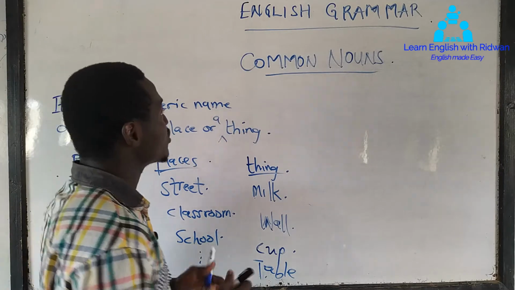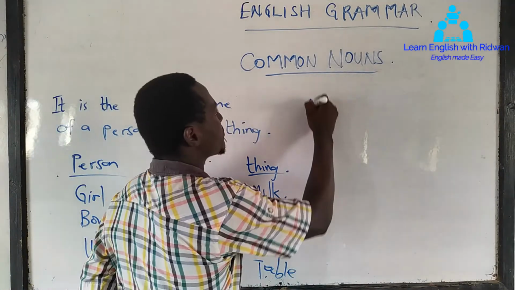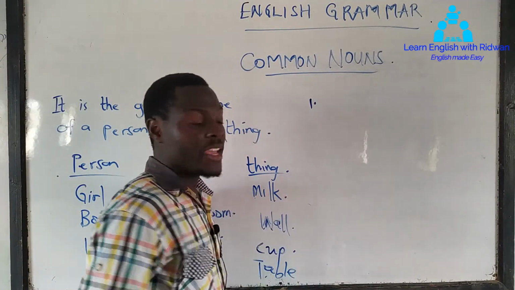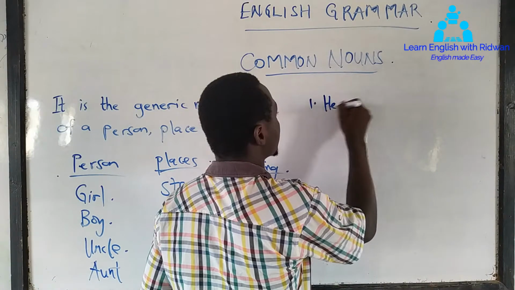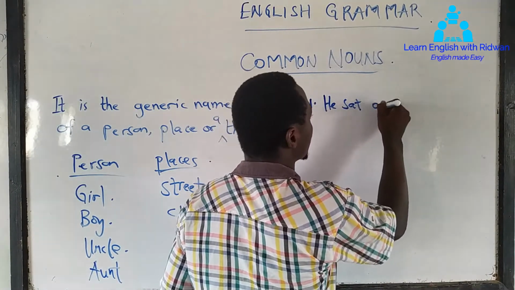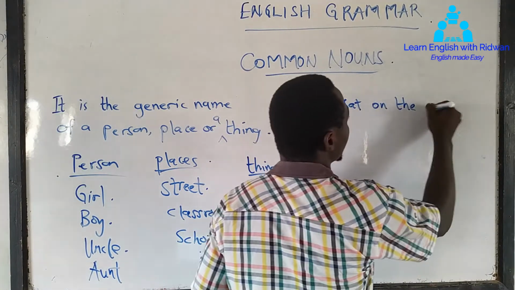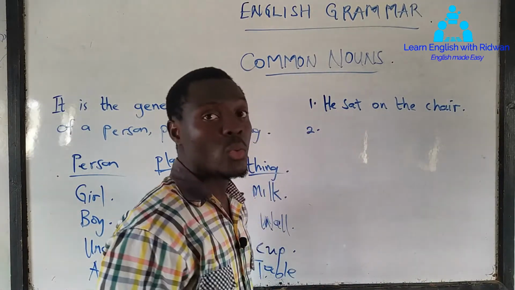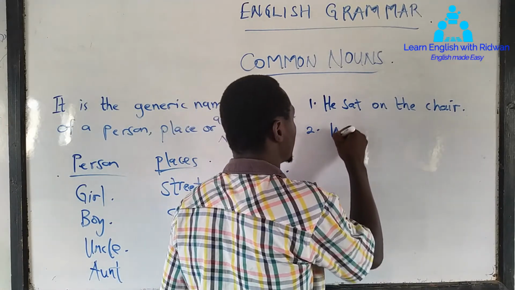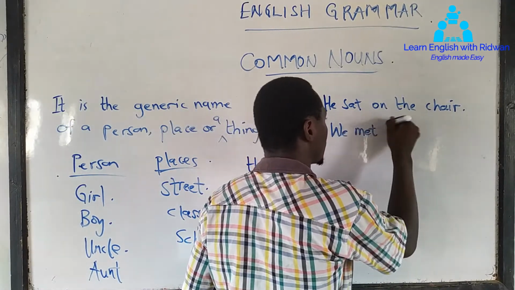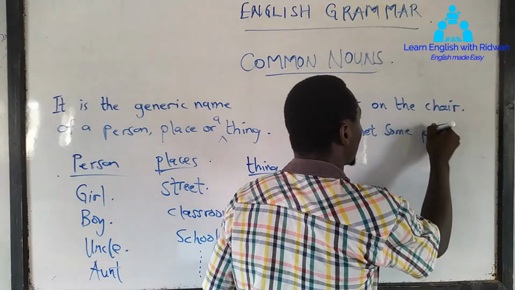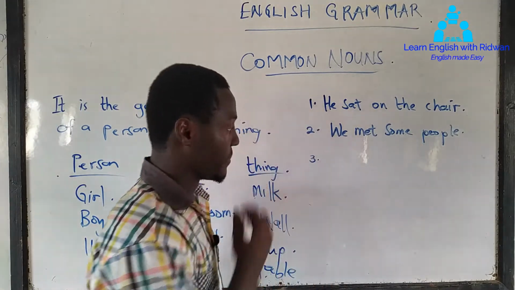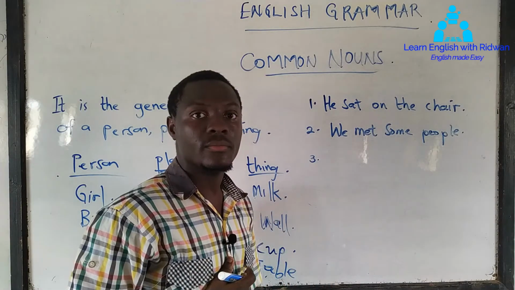So first of all, I'd like us to solve some one or two examples. Example 1. He sat on the chair. Example 2. We met some people. Example 3.